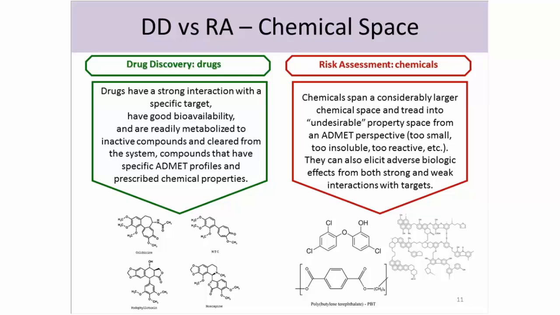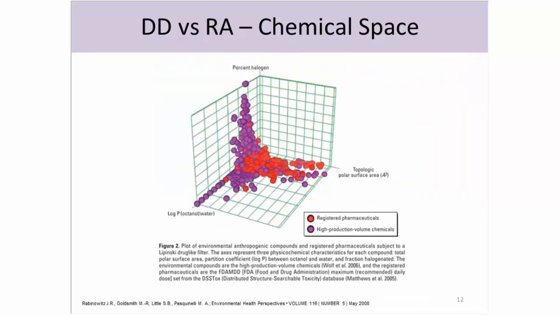I included here a figure taken from a publication, and you can see the red dots are registered drugs, and the purple ones are high production volume chemicals. As you can see, the chemicals are included in the chemical space of drugs, but the chemical space is really wider.